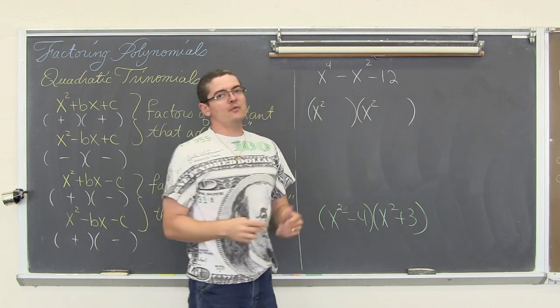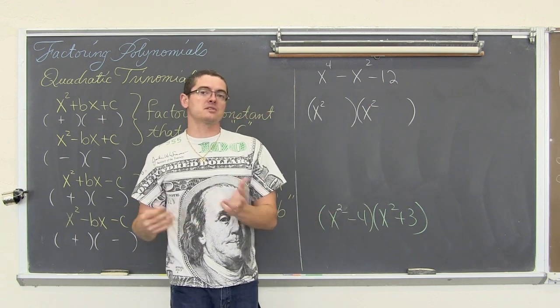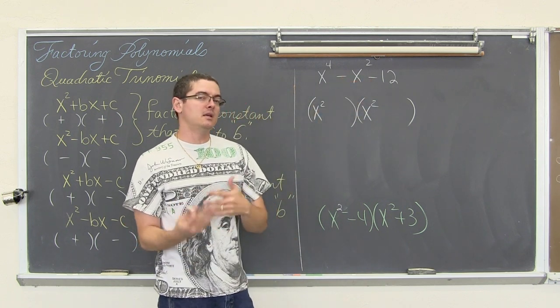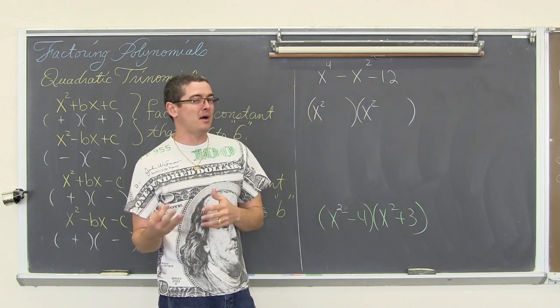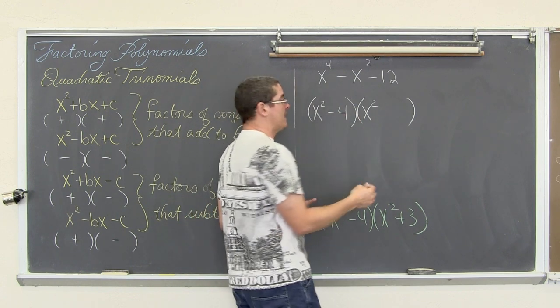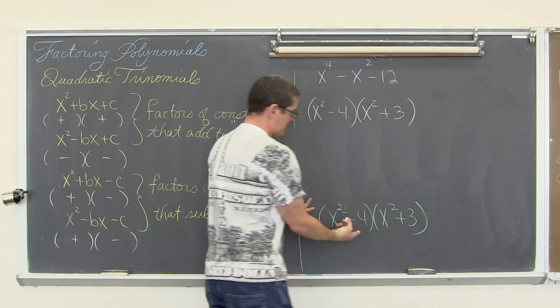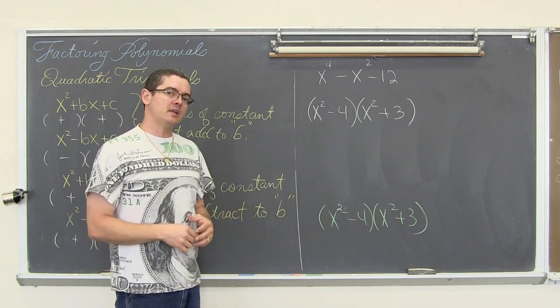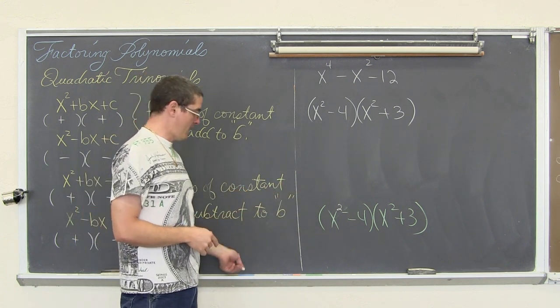The factors of 12, we got a lot of them. We have 1 and 12, 2 and 6, 3 and 4. But the factors that subtract to be -1 and give you a middle value of -1 are when the 4 is negative and the 3 is positive, which is the same answer I got doing that temporary substitution of letting u equal x squared.